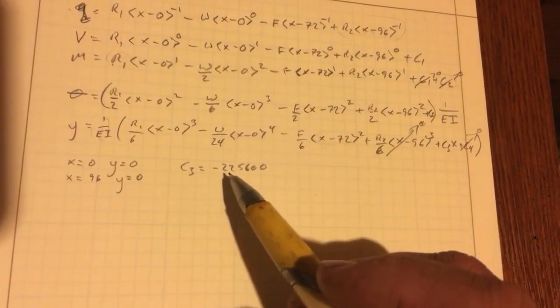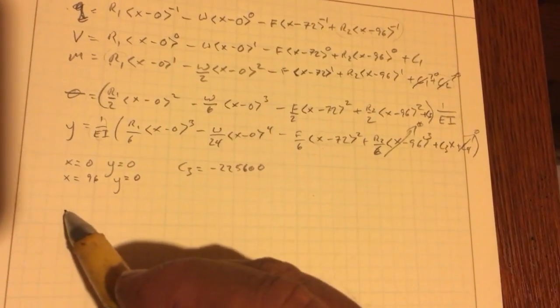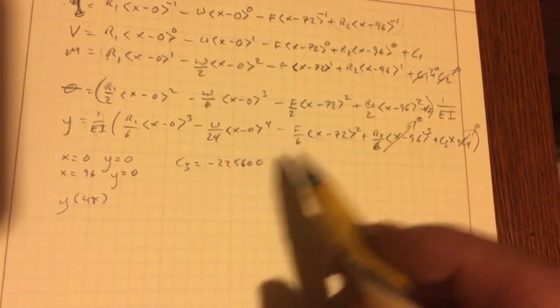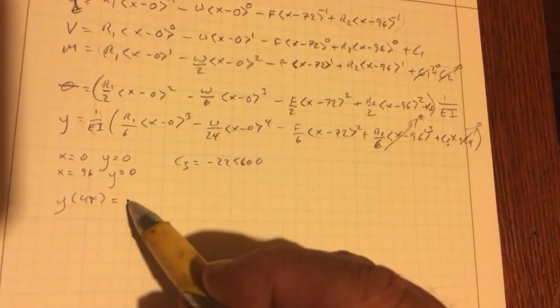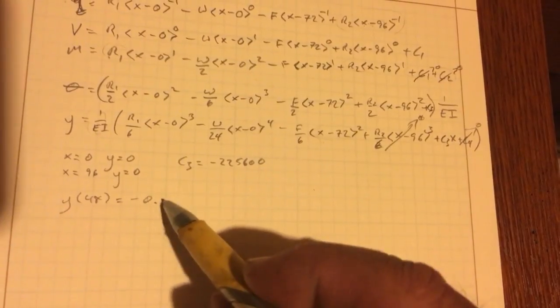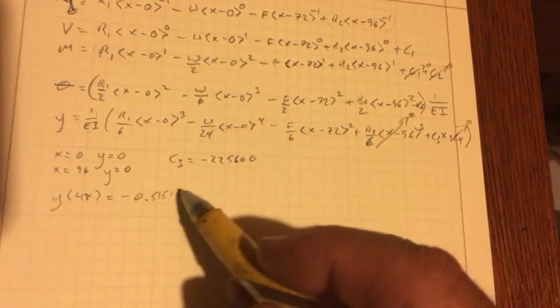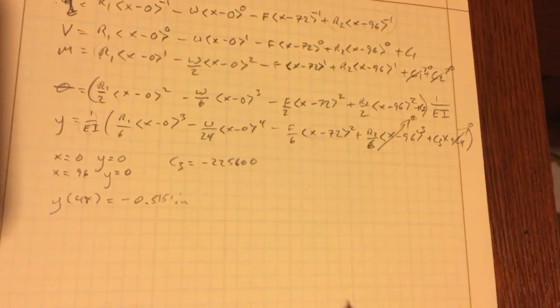Let's say we wanted to know y at 48, and that evaluates to negative 0.5151 inches.